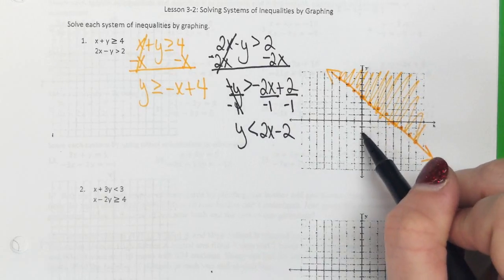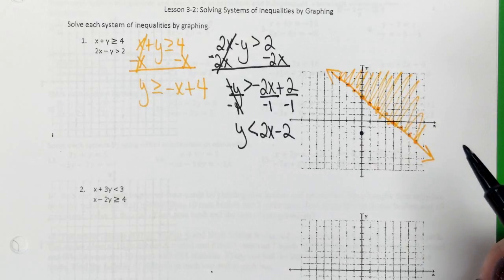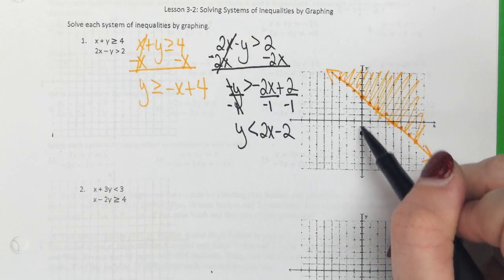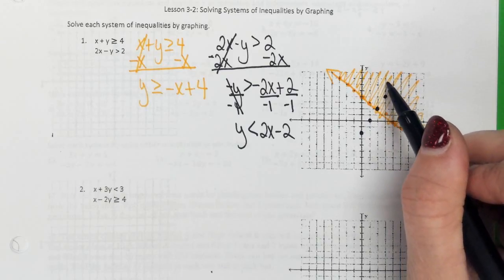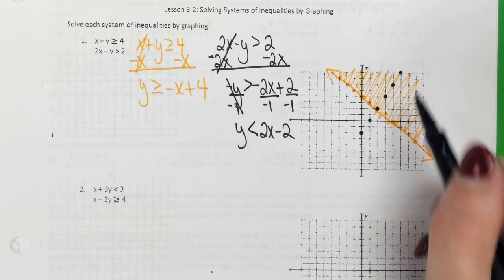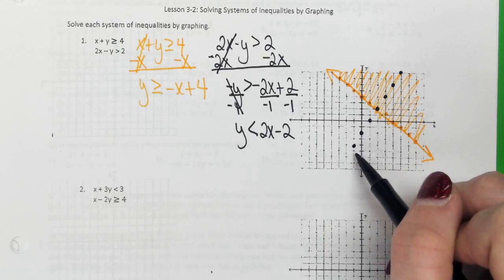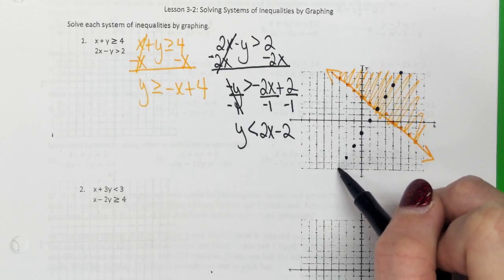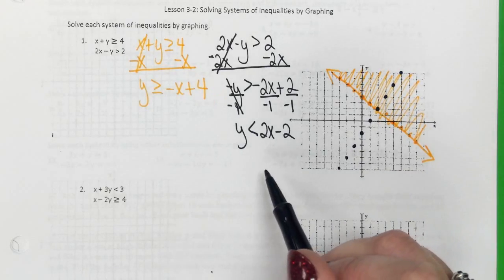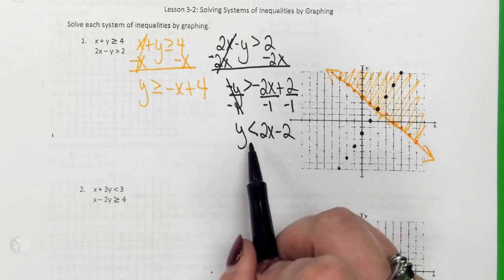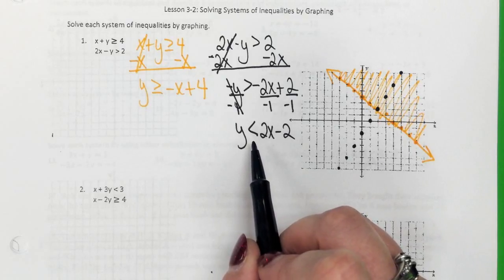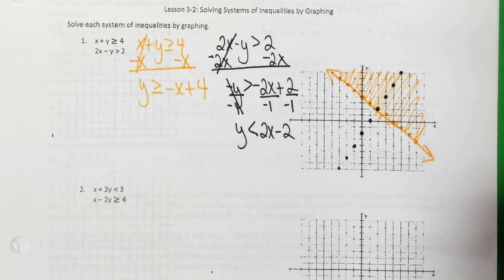All right, so we're going to go down 2 for our y-intercept, and then our slope is up 2 and right 1. Or you can go the other way, down 2 and left 1. All right, what about this guy? Less than. Does that mean he gets a dotted line or a solid line? Dotted.